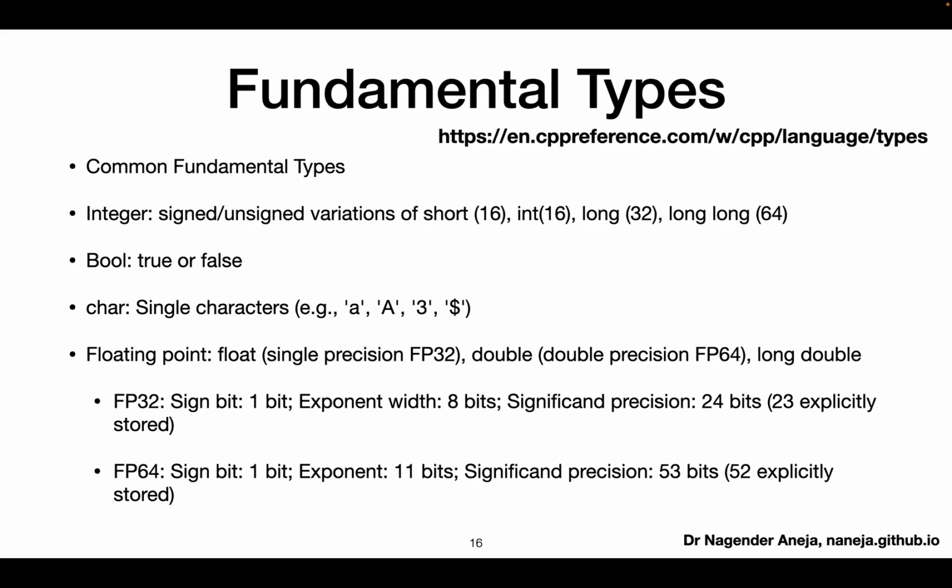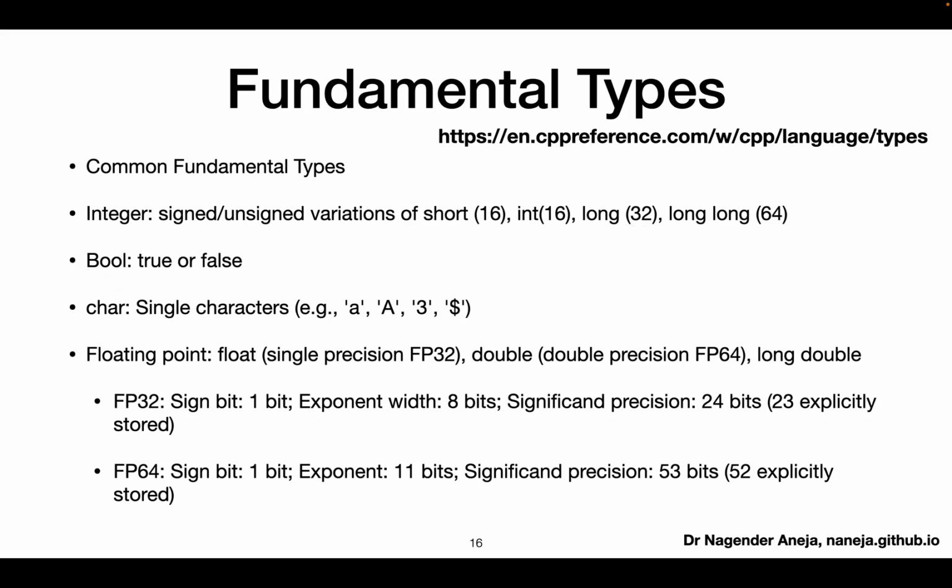But these represent at least the minimum number of bits. If it's an integer, you will always get at least 16, you may get 32. If you use short, you will always get 16 bits. And long, maybe you can get 32 or maybe 64, but you will always get 32 at the least.